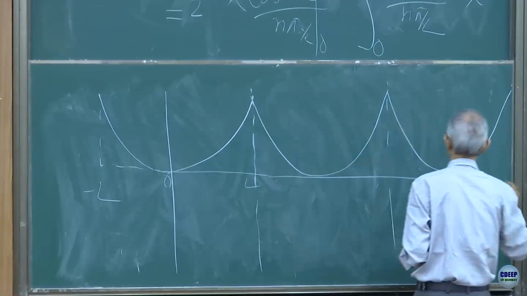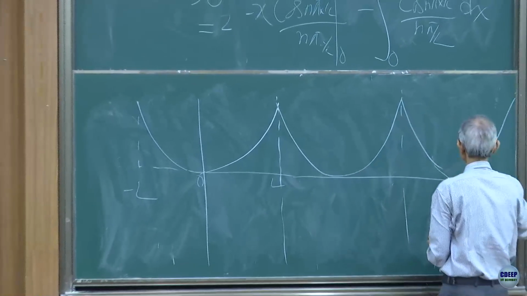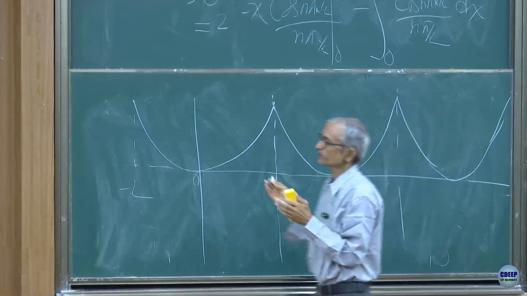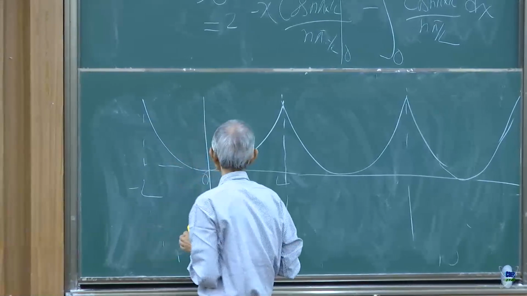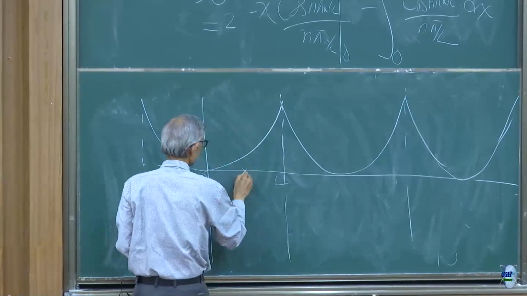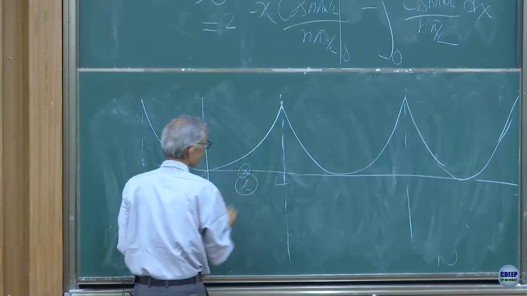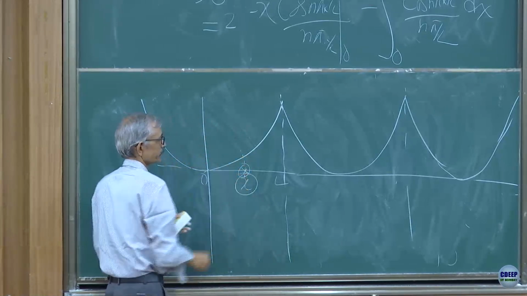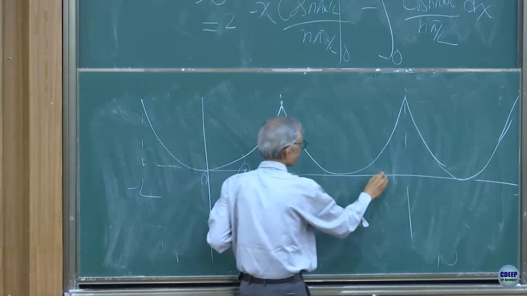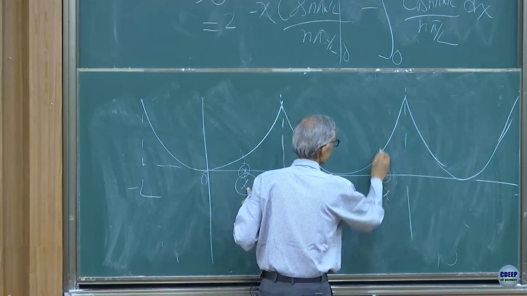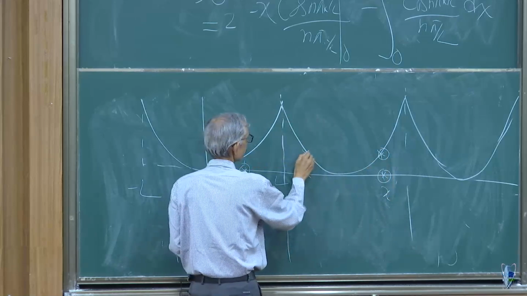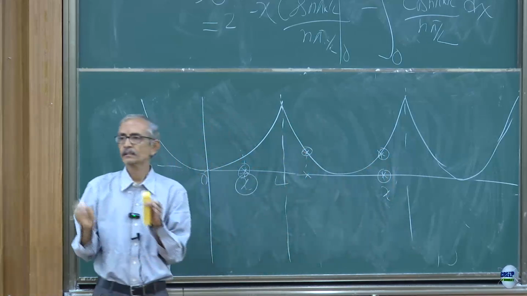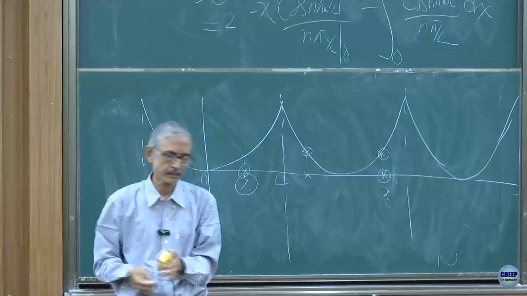Now the series which you have means that if you have an x here, it's going to give this point here. If you take an x here, it's going to give you that point there. The series has got an x inside it.